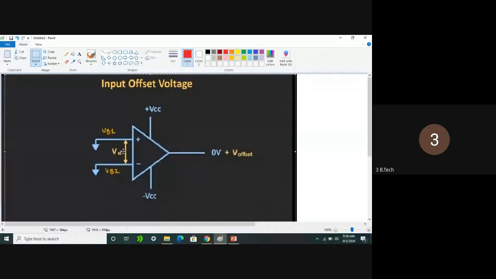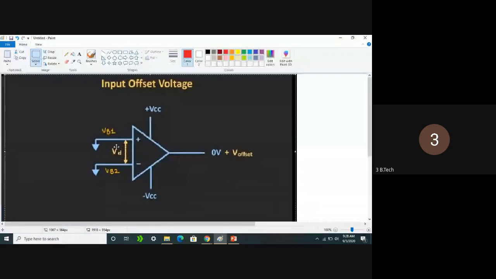If the biasing voltages are not equal, then without applying any voltages, a differential voltage will occur at the input terminals of the operational amplifier.